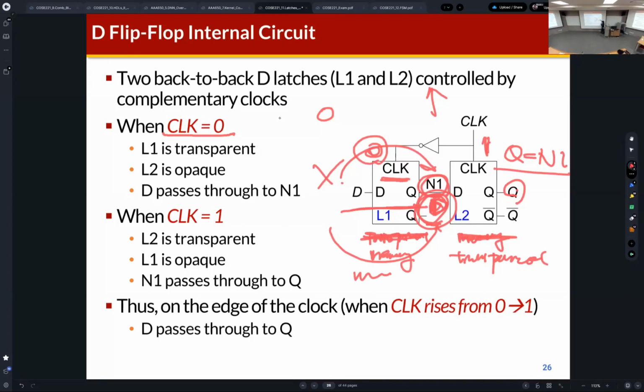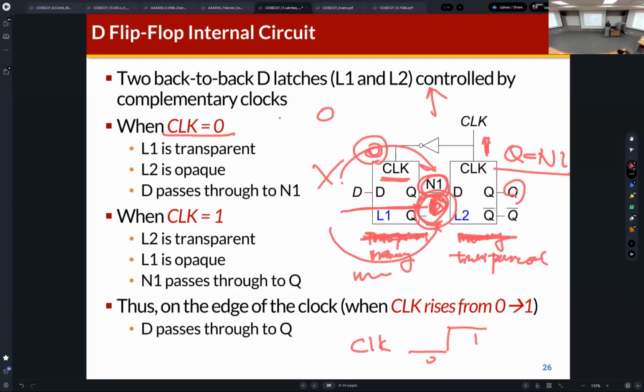So it becomes transparent. What does that mean? The clock signal looks like this, going from 0 to 1.